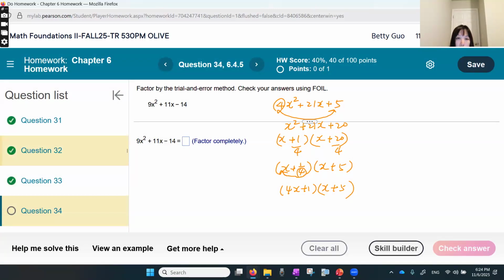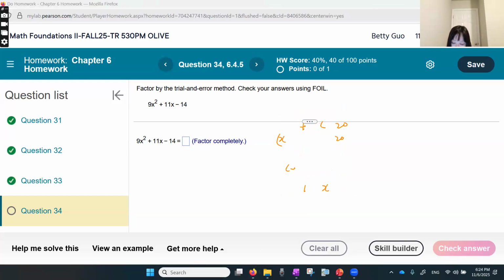Let me erase that part. This part. Erase. Okay. So GCF is 1, nothing can factor out. 9x squared plus 11x minus 14. Slide.